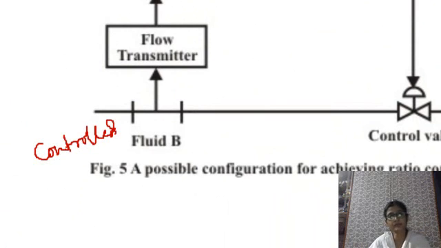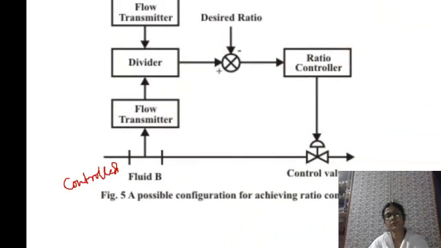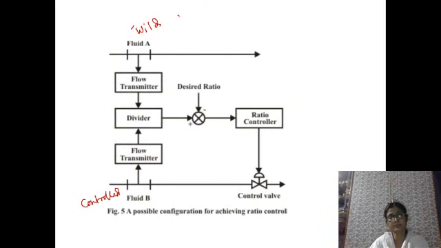So always for maintaining ratio control, of the two streams, one should be kept as the wild or uncontrolled fluid flow path, and the other is the controlled flow path. Both should be measured by a measuring device. So for both fluid flow paths, there is a flow measuring device, and whatever the desired ratio, there is a divider, then that ratio is compared with the set value, the desired ratio, maybe 1:3 or whatever.